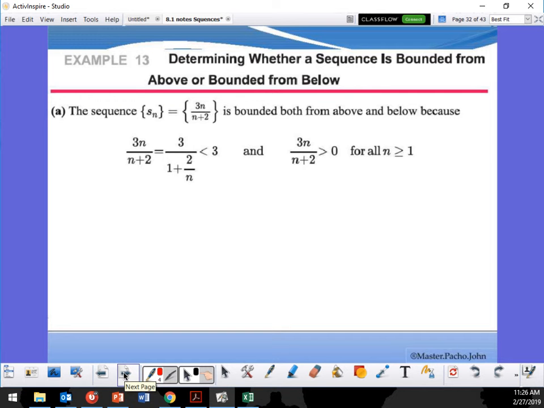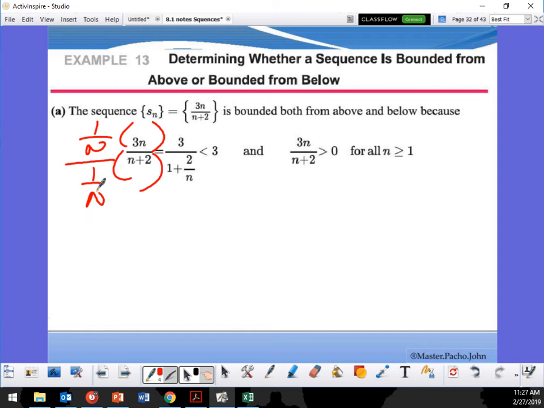okay, determine whether a sequence is bounded from above or bounded from below. The sequence is bounded from both above and below because, in this case right here, we multiplied everything by 1 over n, sorry. So it's 1 over n over 1 over n.